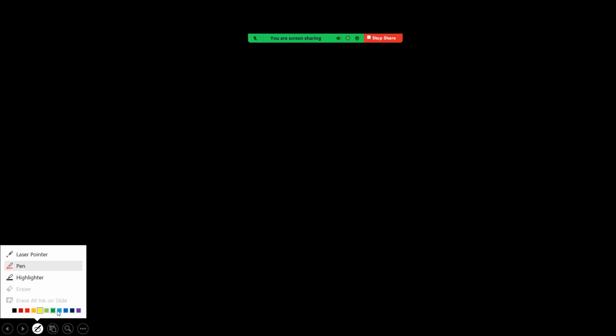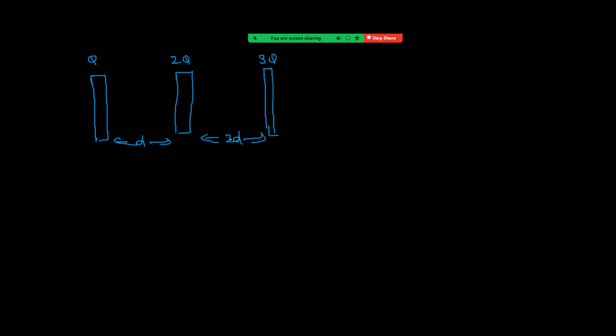So first make a diagram for the given data. Given charges Q, 2Q and 3Q. Separation given D. This is now 2D. Okay. Right.